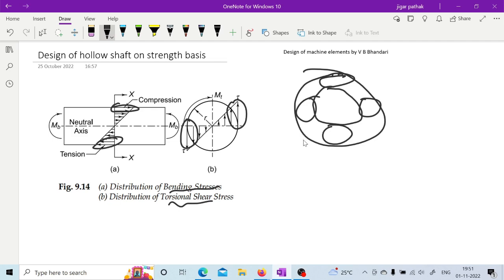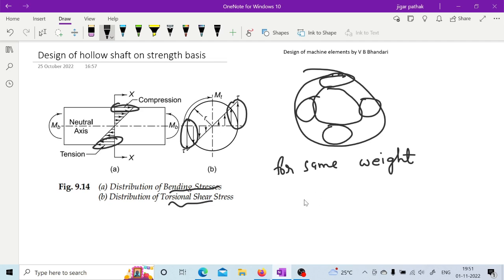Right, so that is why we are going for this hollow shaft. And hollow shafts also have certain advantages. Strength to weight ratio is high. Yes, that is also correct.